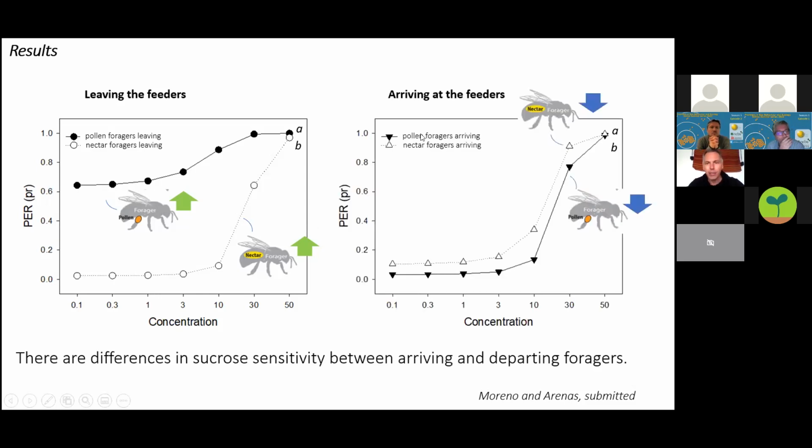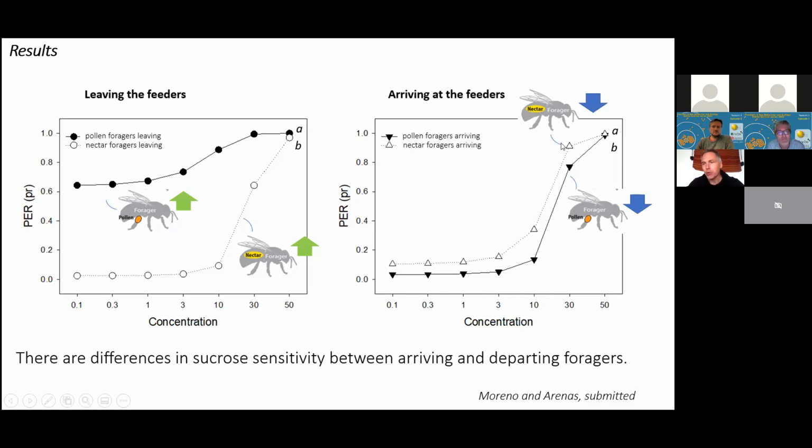But at arrival, when she arrives at the pollen feeder, the pollen forager is not so sensitive to sugar as when leaving. And this is probably because they still have some nectar in their crop. Their hunger state is not so strong, so she is not so attracted to nectar sources.